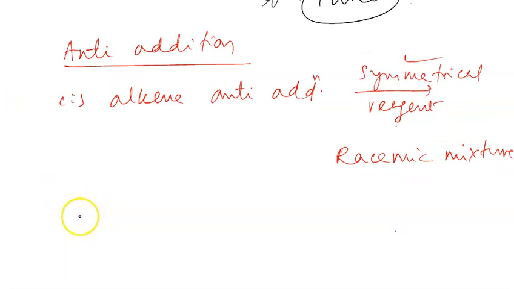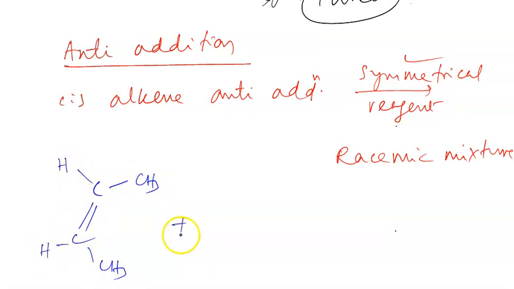The cis alkene, let me draw like this: CH3, CH3, H, H. So here the symmetrical reagent, let us take the symmetrical reagent as bromine.